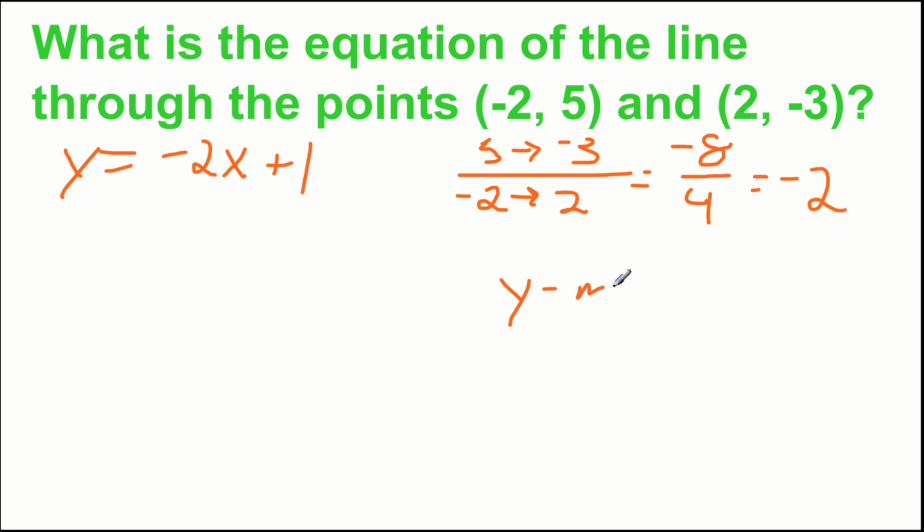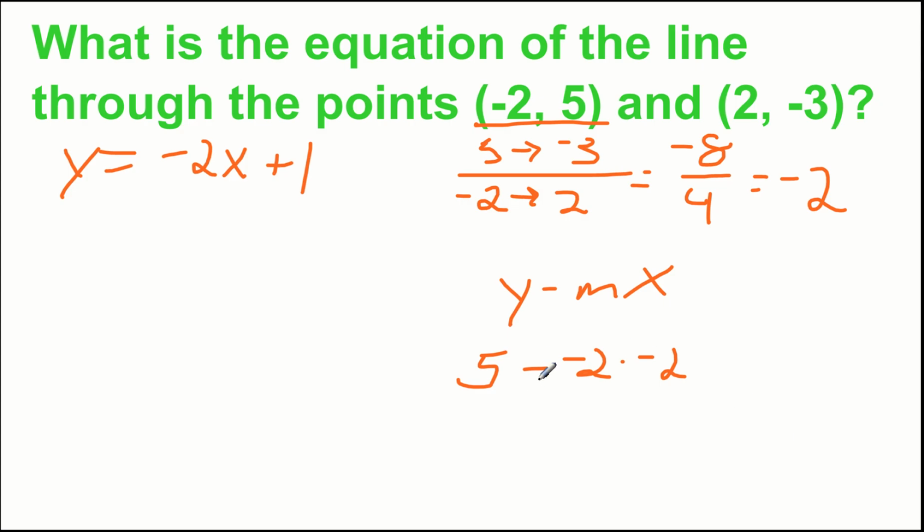To find our y-intercept, we do y minus mx. Both points have a negative number, so I'm just going to use that first one. I like it better when y is positive, if only one of them is positive. So we got 5 minus negative 2 times negative 2. Negative 2 times negative 2 is positive 4.